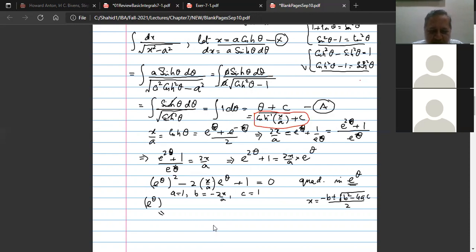So minus b means negative of it, 2x upon a, plus minus square root of b square, that means 4x square upon a square minus 4ac. So minus 4 into 1 into 1, whole divided by 2a.